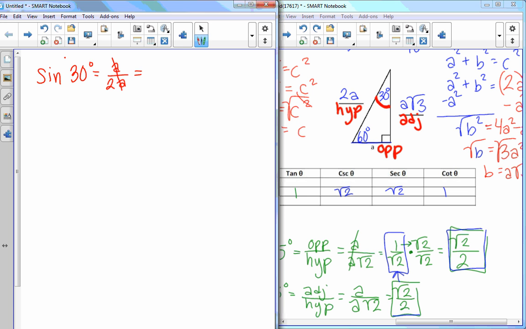What would be remaining? 1/2. The 2 is in the denominator. Adam, do you have this? Okay, we're going to put that in on your chart. So we have our 30 degrees. Sine, cosine, tangent, cosecant, secant, cotangent.